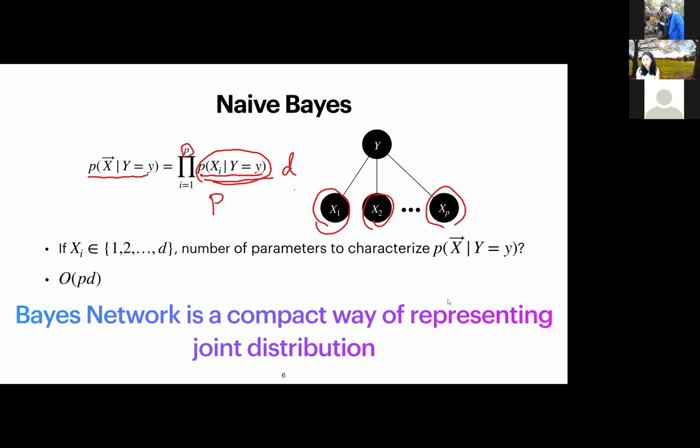I hope that's a very informative example for us to understand the power of Bayes networks.